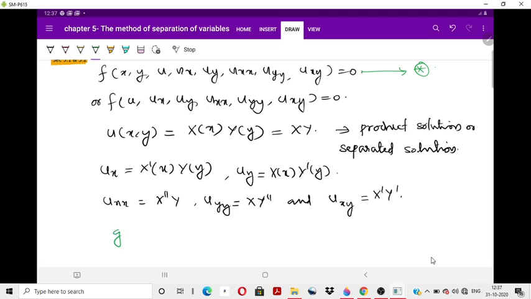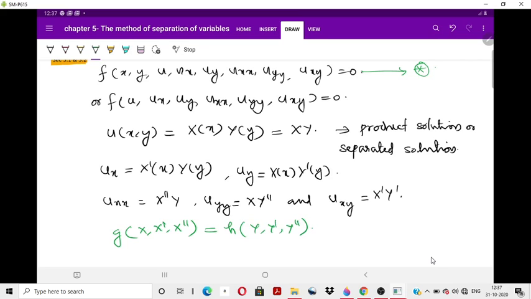We can write it as g of x, X prime, X double prime equal to another function, which we can separate into Y dash and Y double dash.